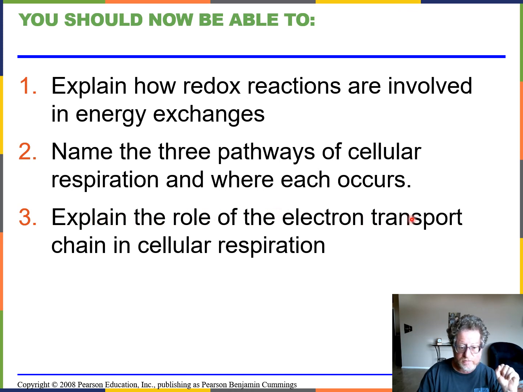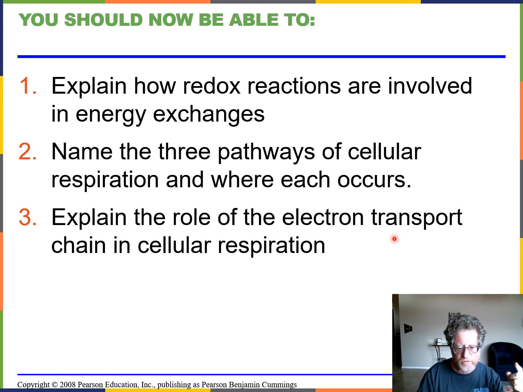Explain the role of the electron transport chain in cell respiration. So electron transport chain is when the NADH and FADH2 donate their electrons to proteins embedded in the inner mitochondrial membrane and eventually to oxygen to make water.